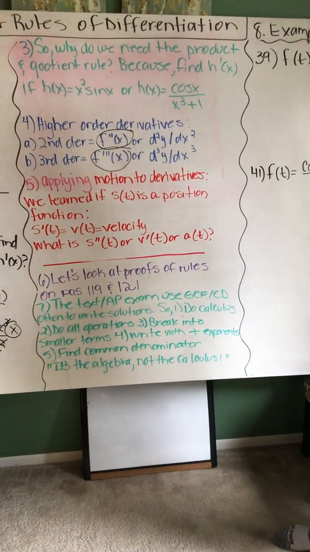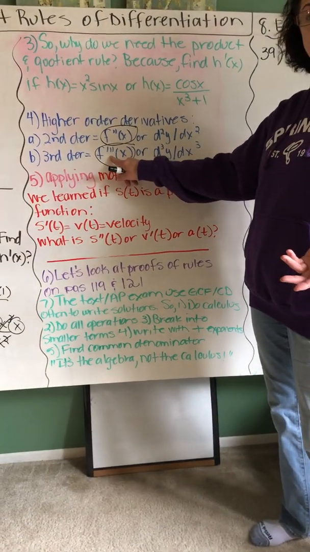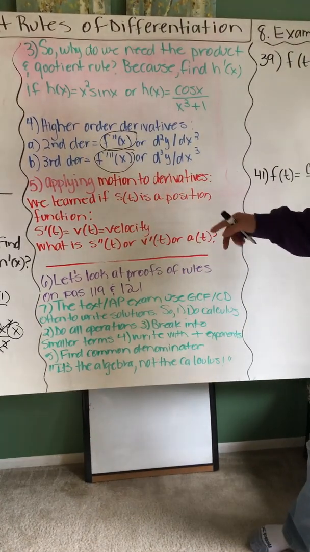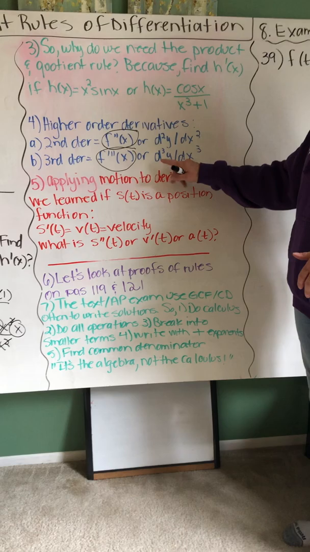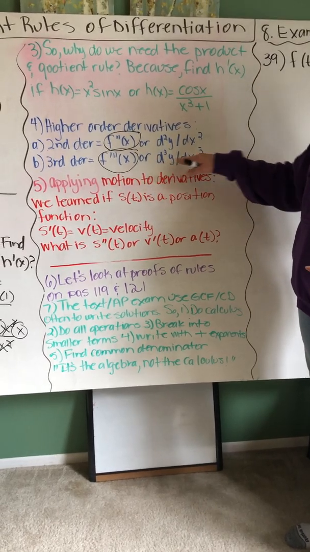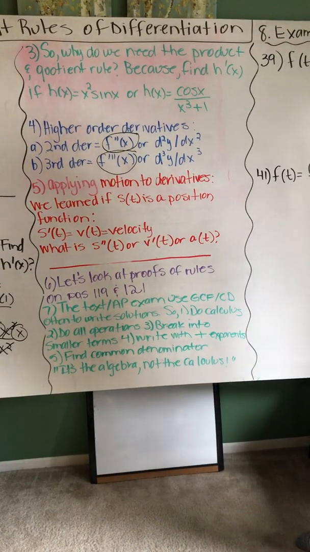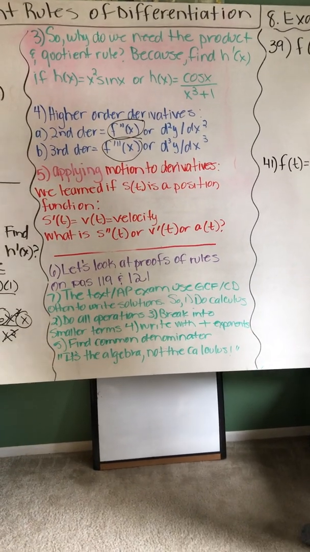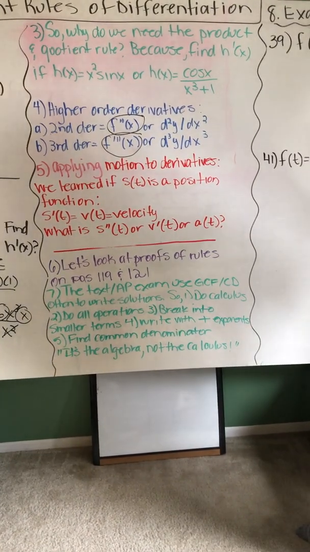The third derivative then would have 3 single quote marks, or d cubed y divided by dx cubed. Again, we would say that this is the third derivative of y with respect to x. So what about applying derivatives to physics, really, is what we're applying it to.